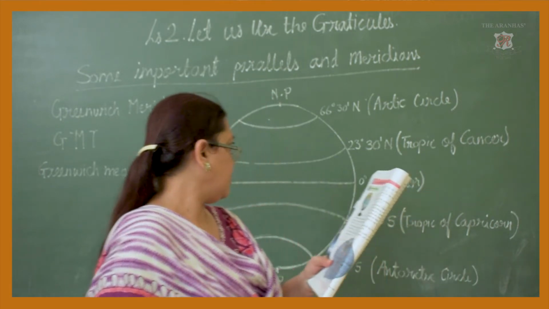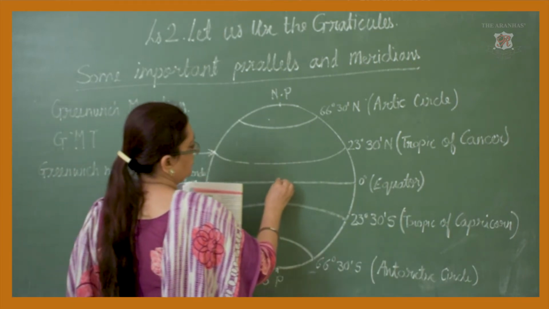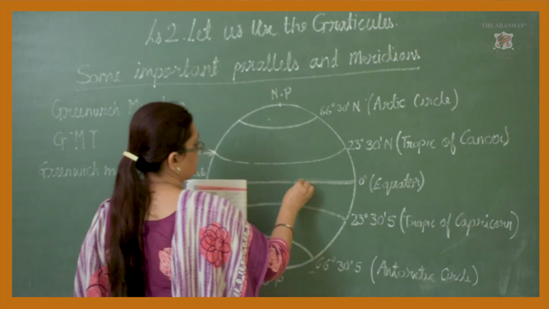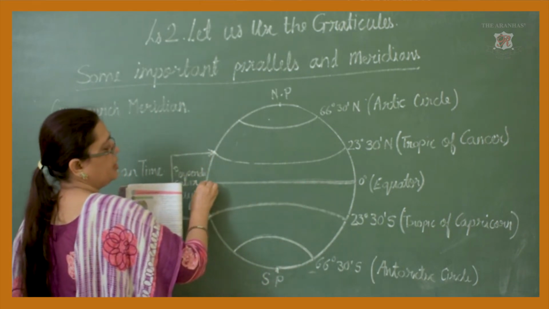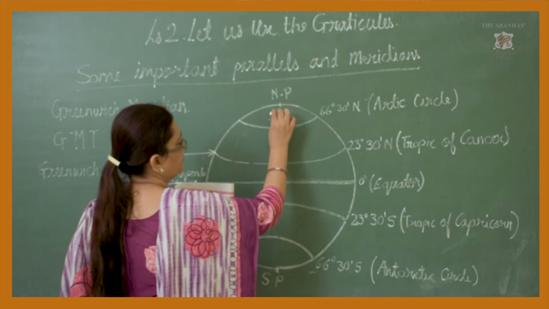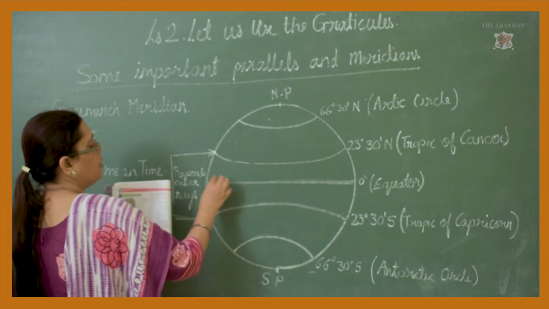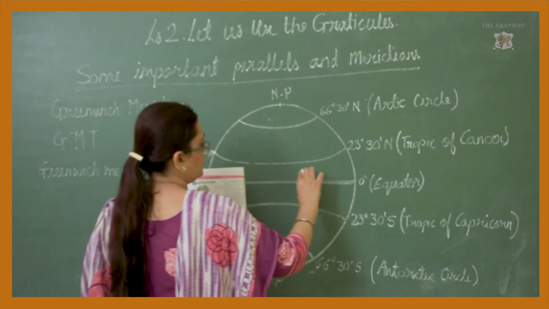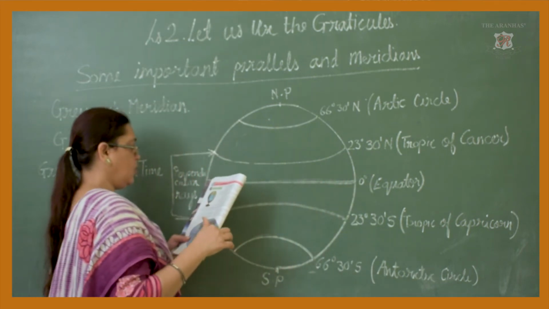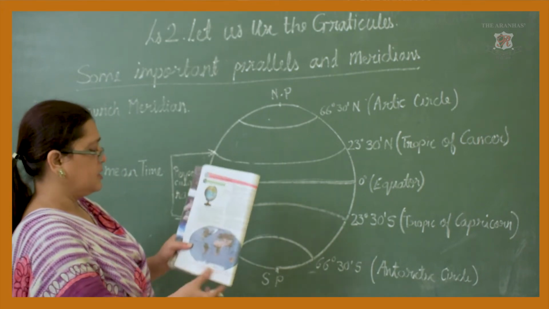Now, children will have understood what the equator is. It's 0 degrees over here. This is called as the equator, which bisects two hemispheres, the northern hemisphere and the southern hemisphere. Now, in this area, which oceans and continents pass?